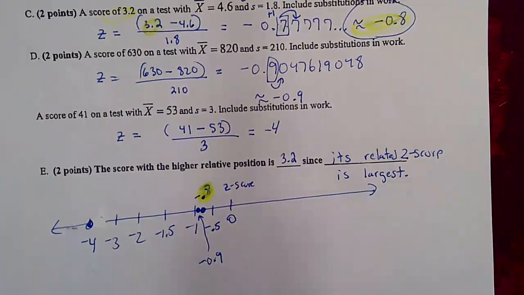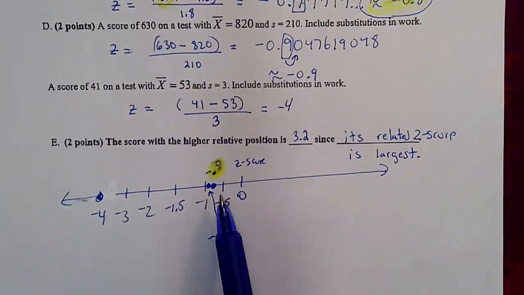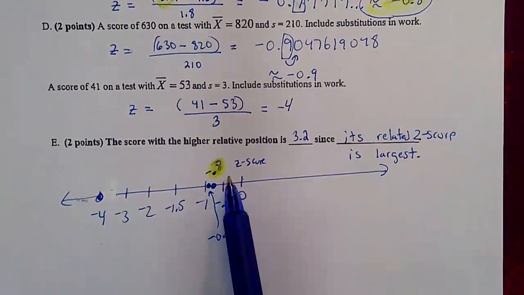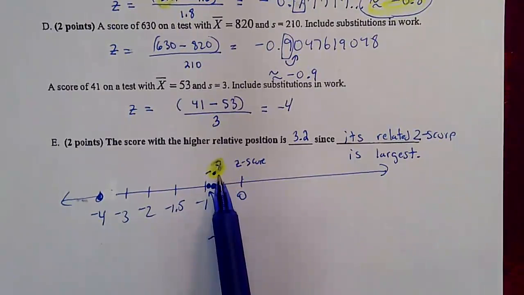You're comparing 3. If it were just 2, it would be larger, but you've got 3 things, so it's the largest. Just remember on the number line with respect to the negative side, the closer this number is to 0, the bigger it is, right? So this is the larger z-score. Okay.